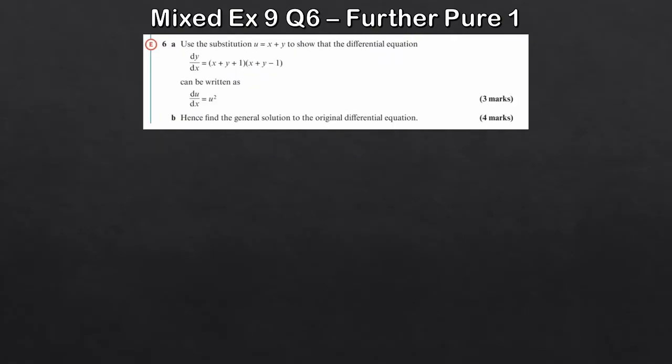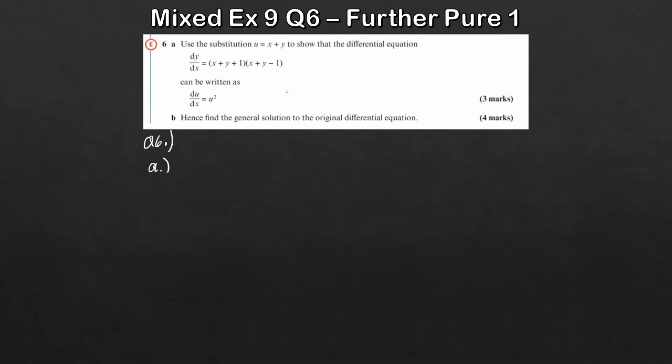Again, similar kind of idea here. We've got a substitution, and we want to show that the differential equation given in this part can be written as the differential here. So let's have a go. Like we always would, let's rearrange this, and we can also differentiate here.